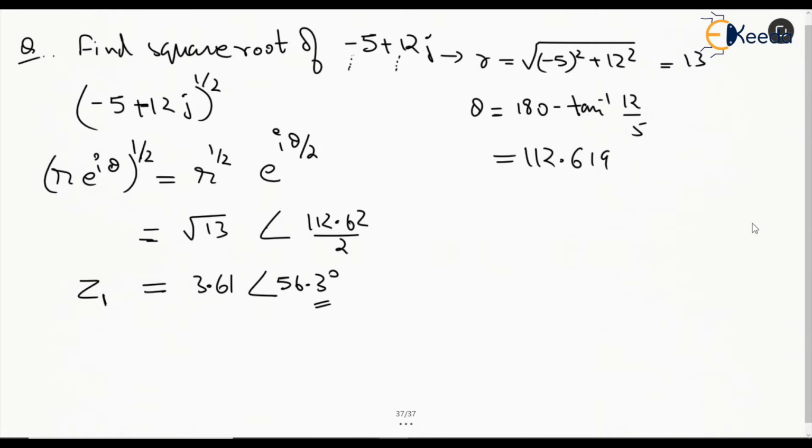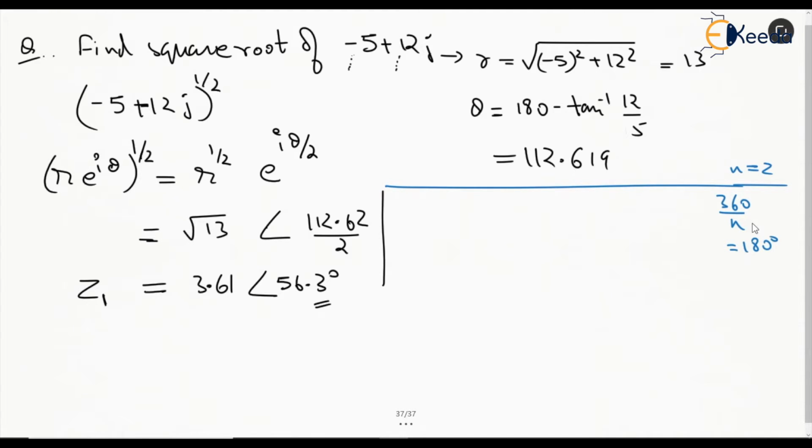Other than that, we can find another root. If we have n roots in the z plane, then the angle difference between two roots is going to be 360 degree by n, and in this case n is equal to 2, that is we are looking for two roots, so the angle difference will be 180 degree.